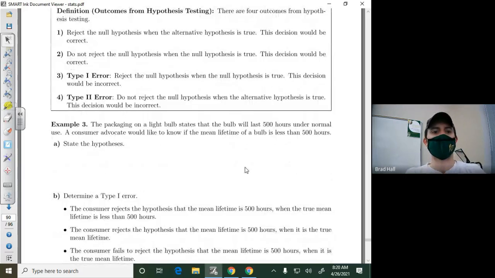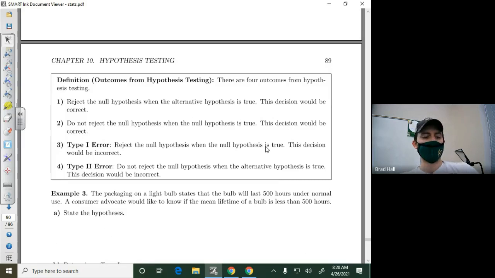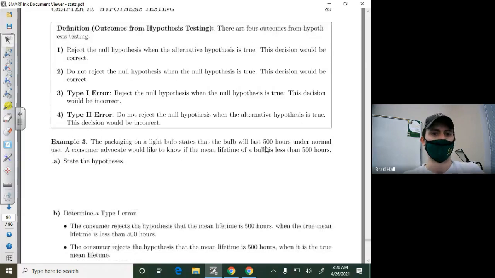Okay, so there's different outcomes from hypothesis testing. So now we've been talking about how to set up hypotheses, but what about situations pertaining to outcomes from this? And so there's four different outcomes, and it seems technical at first, but I think it's more intuitive than you think.